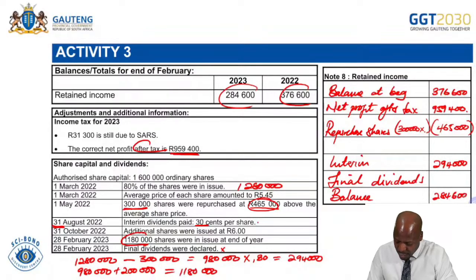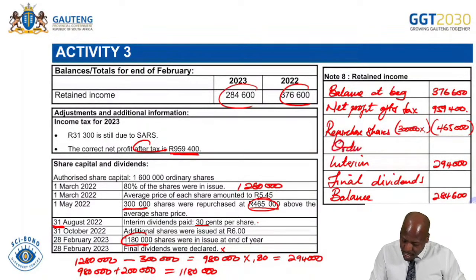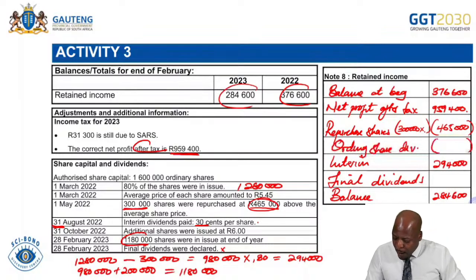We know that here we have ordinary share dividends, which we're going to subtract. So we want to get these dividends that we are not given.